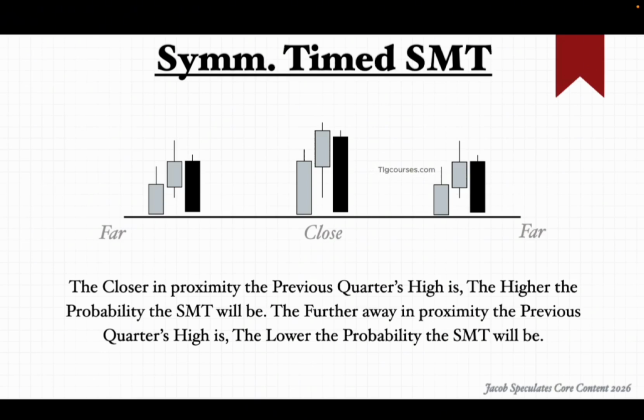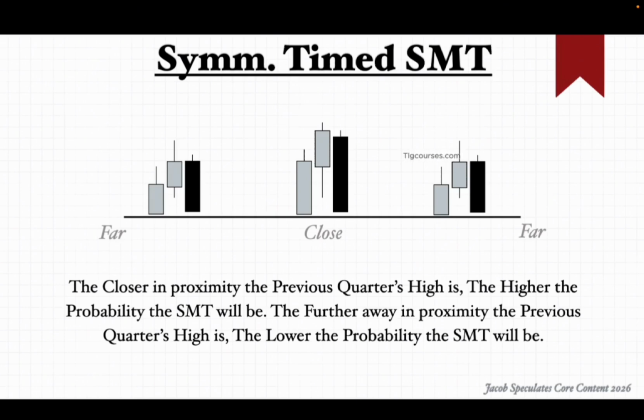And then vice versa for the low, if it's a bullish SMT. The further away in proximity the higher low of the previous quarter is, the lower the probability the SMT will be, if a cracking correlation or SMT occurs. But the closer it is, the higher the probability it is.